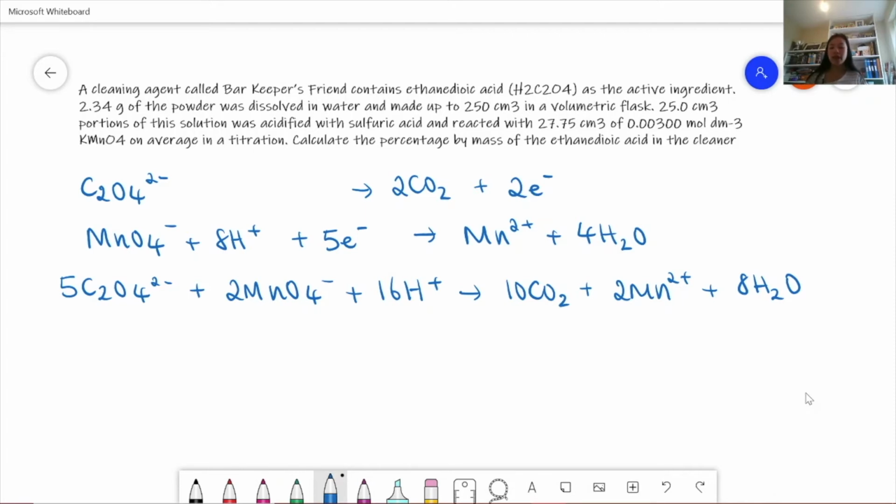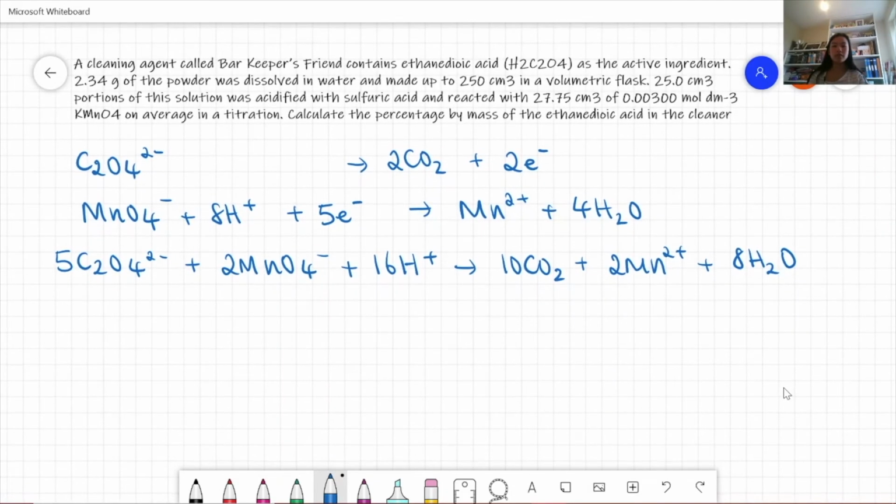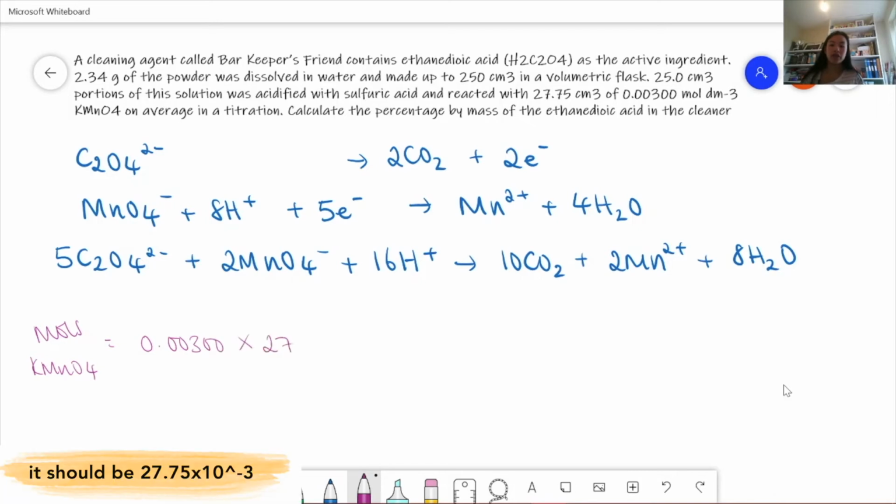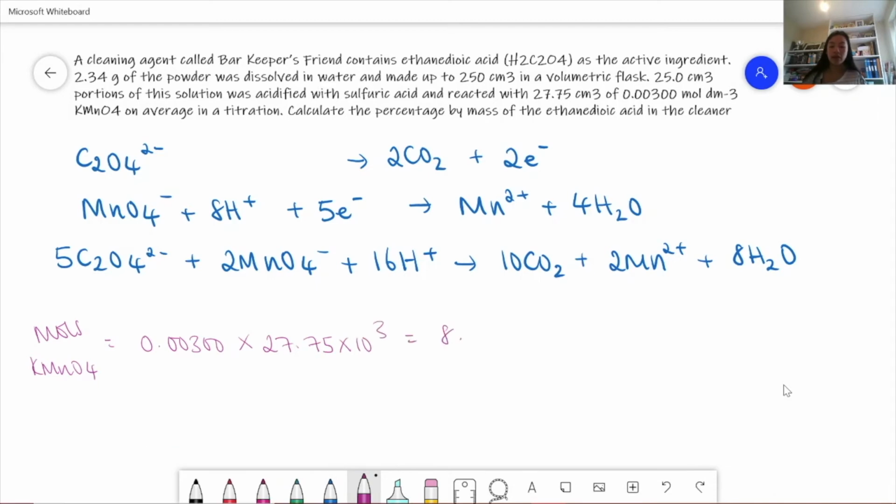Then we work out the number of moles of potassium manganate needed in the titration. The moles of potassium manganate equal concentration times volume, so 0.00300 times 27.75 cm³, and this gives us 8.325 times 10^-5 moles.